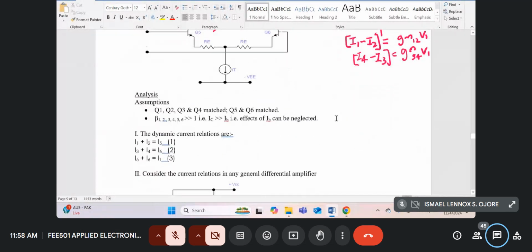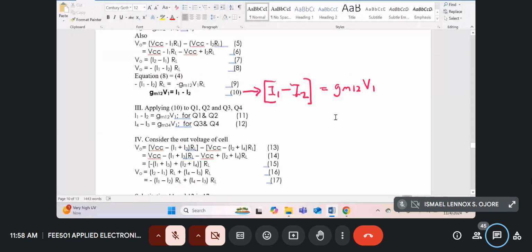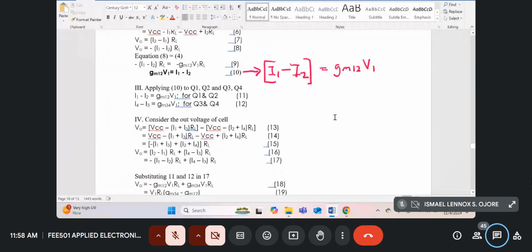So that's how we get equation 11 for the first, Q1 and Q2, identical to the basic differential amplifier. And for Q3 and Q4, we get I4 minus I3 is GM V1. So that's the voltage current relationship for the transistors Q3 and Q4.